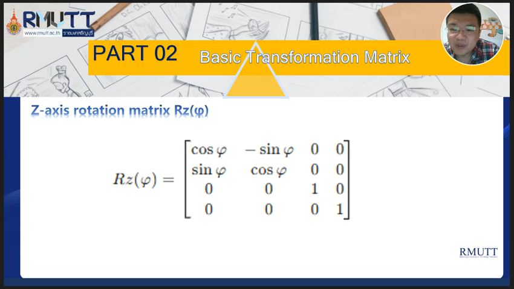The first row is cosine phi, negative sin phi, 0, 0. The second row is sin phi, cosine phi, 0, 0. The third row is 0, 0, 1, 0. And the fourth row is 0, 0, 0, 1.